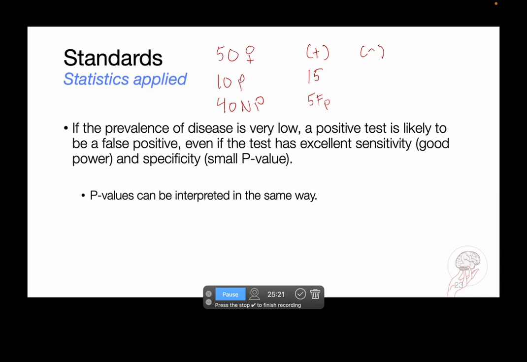And then that would mean we have 35 who are not pregnant, and we don't have any false negatives. So you're more likely to have this occur if you have a small sample size. But if you have a very large sample size, the more measurements you take, the more accurate we get.